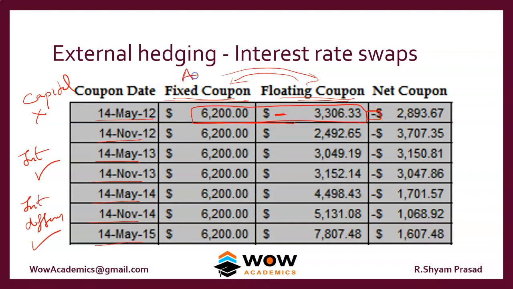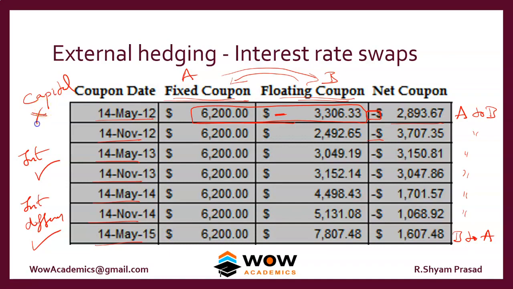We'll take these as company A and company B. Company A has to make a payment of 2,893 from A to B. Again, there's a minus symbol, so again A will pay to B. A pays to B, A pays to B, and again A pays to B. Only in the last scenario does B pay to A. So only the net amount is transferred and not the whole amount.